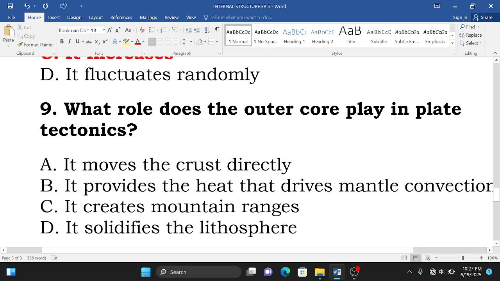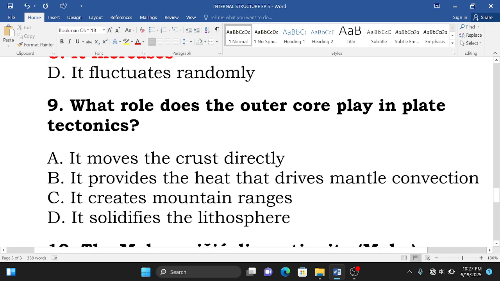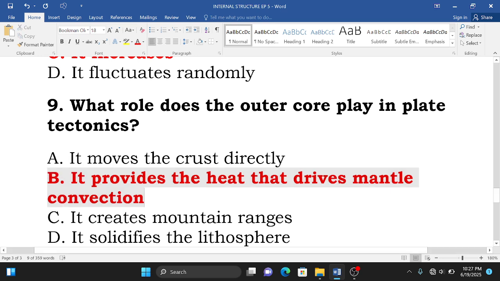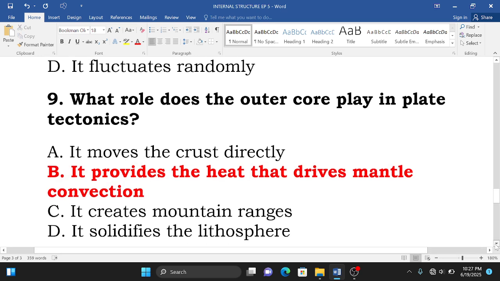A. It moves the crust directly. B. It provides the heat that drives mantle convection. C. It creates mountain ranges. D. It solidifies the lithosphere. So the correct answer is B, where it provides the heat that drives mantle convection. We go to the question number 10.